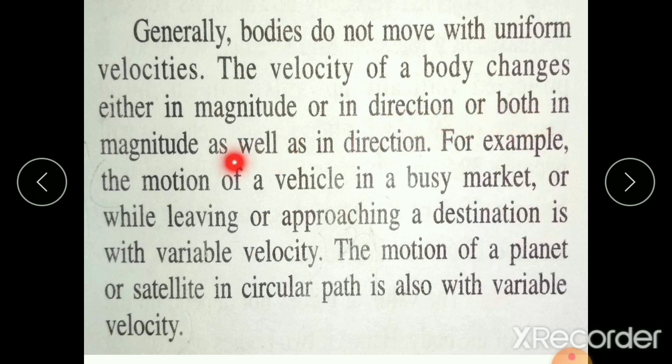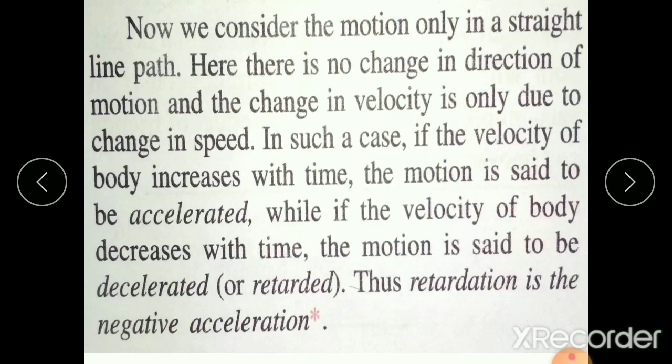For example, the motion of a vehicle in a busy market, or while leaving or approaching a destination, is with variable velocity. The motion of a planet or satellite in a circular path is also with variable velocity.